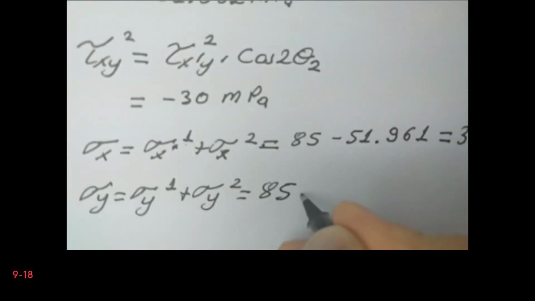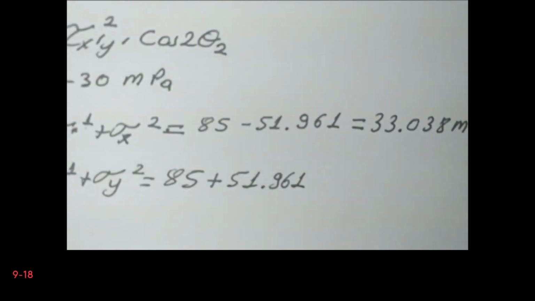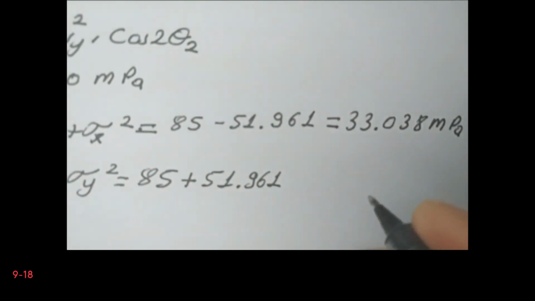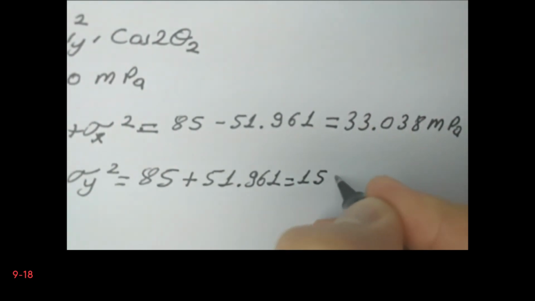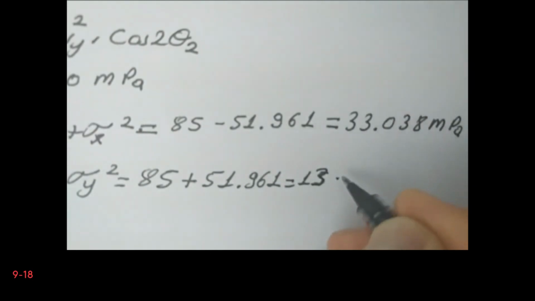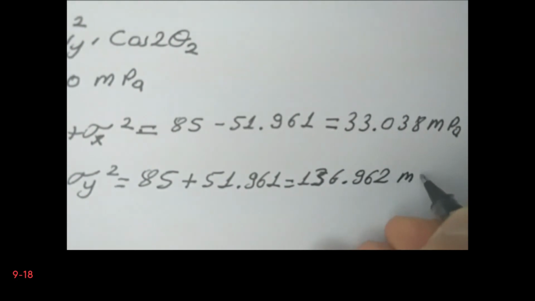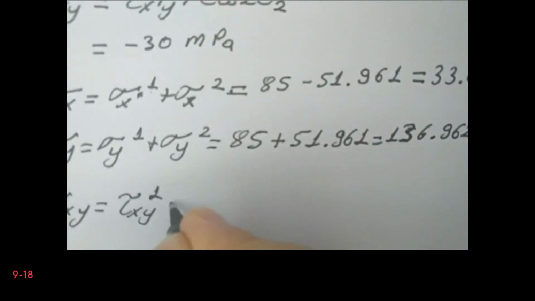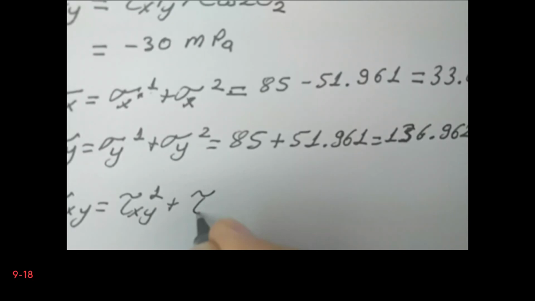Now sigma y is equal to sigma y1 plus sigma y2, which is 85 plus 51.961, and the result is 136.962 megapascals, and the shear stress is tau xy1 plus tau xy2, and that makes minus 30 megapascals.